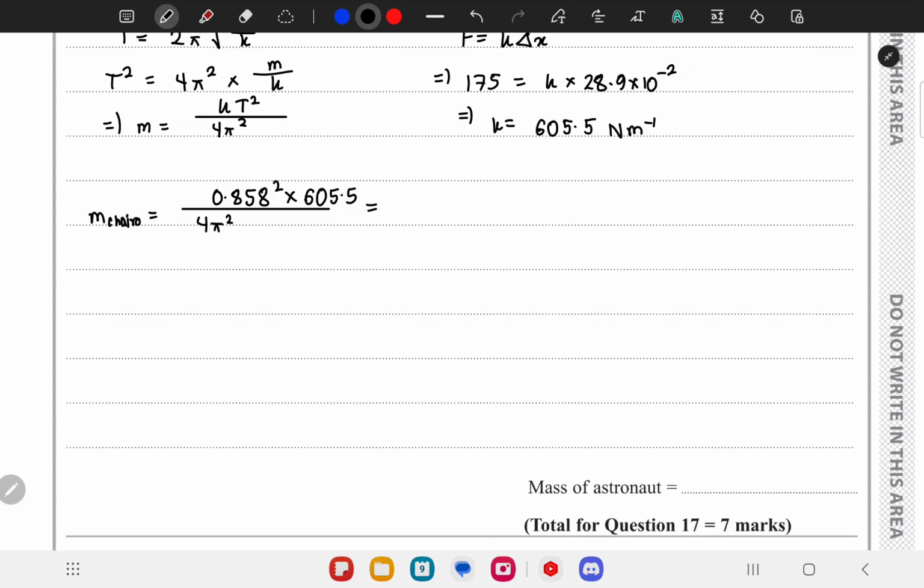If we calculate it like this, we'll get 11.29 kg.